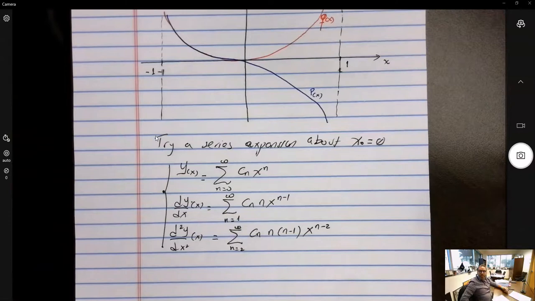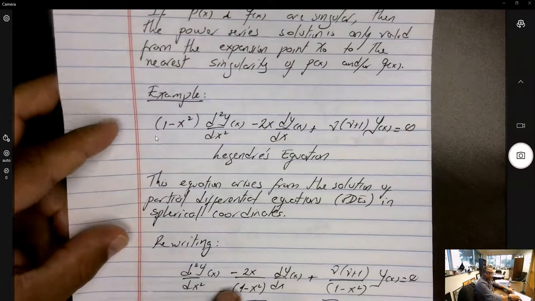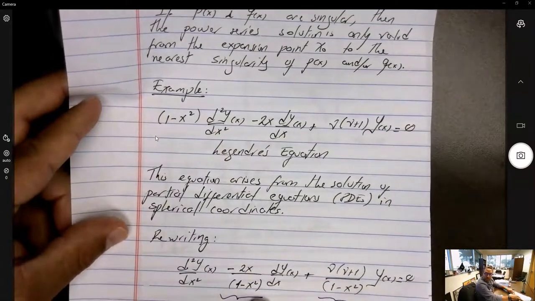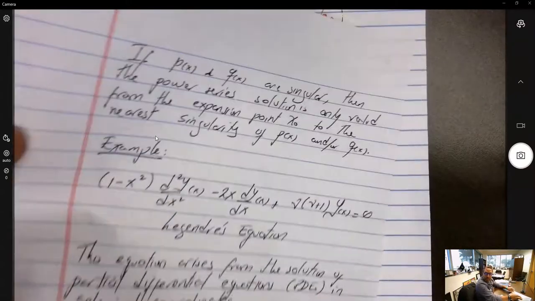So I have the three expressions, which I am then going to plug into the original Legendre's equation, either here or here, it doesn't make any difference, right?